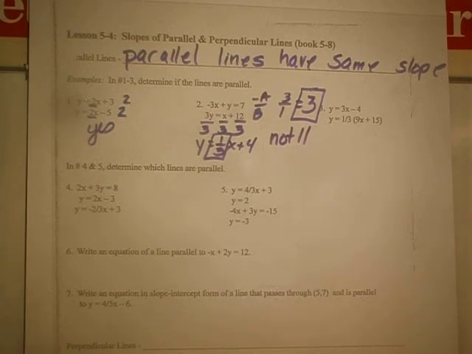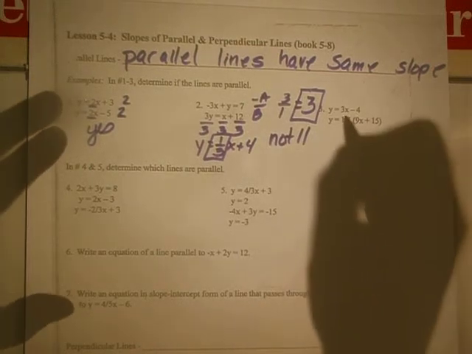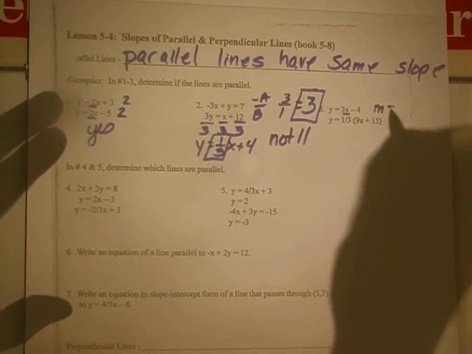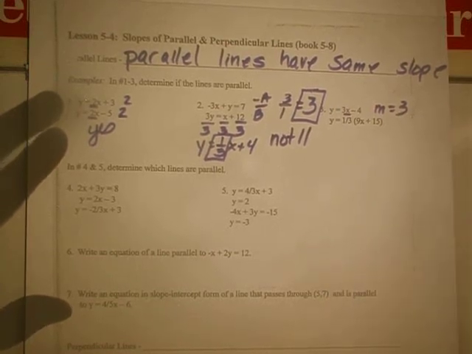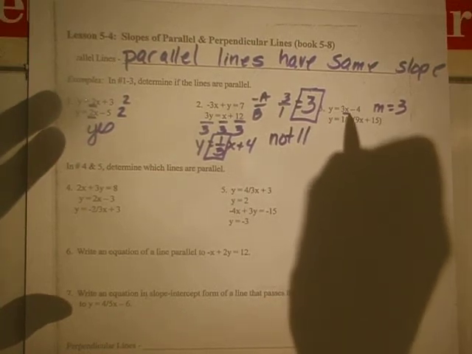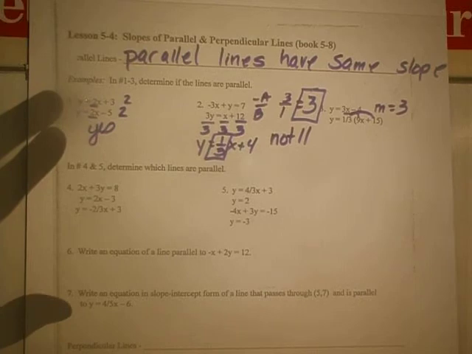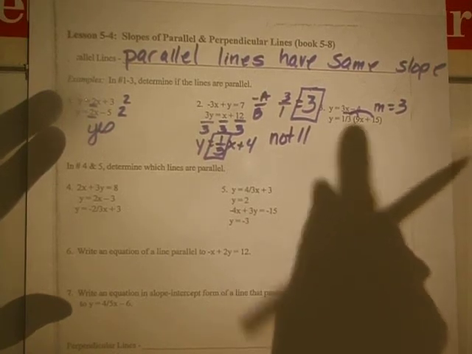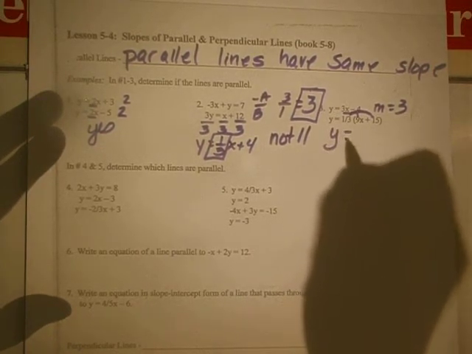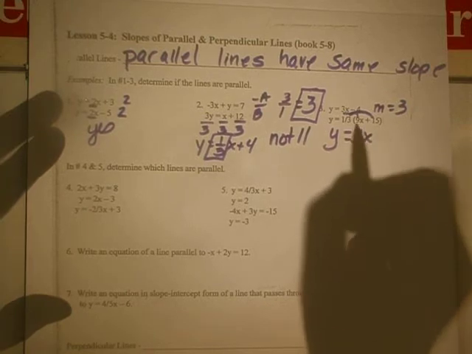Number 3, the first equation there is in slope-intercept form. It gives you your slope and where it crosses your y-axis. So the slope in this case is 3. The second equation here, we need to simplify a little bit. You need to distribute that. 1/3 times 9x is 3x.